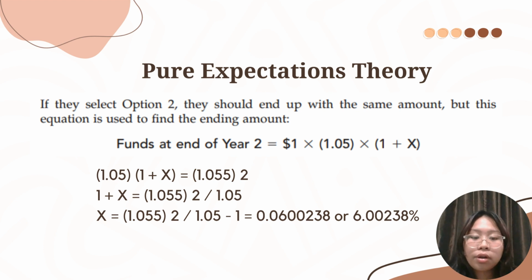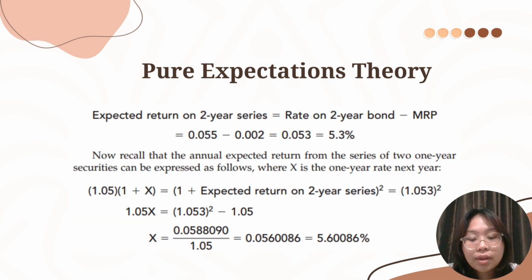In the end we should be getting 0.006000238, or by multiplying by 100 we should be getting 6.00238%. The next step is to get the expected return on the 2 year series.